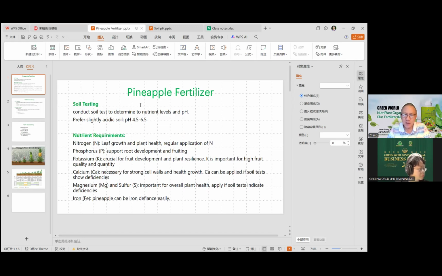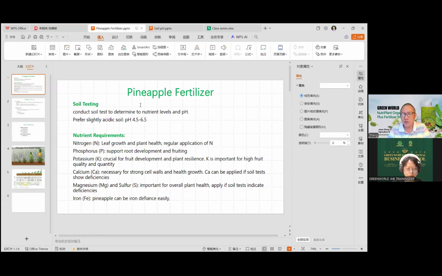Phosphate, the basic function is supporting a lot of enzymatic actions, ATP for the energy, for molecular biology purposes. In ATP, you need a lot of P in it. If we don't have P, it will not work. And for plant physiology, it supports root development and fruiting.